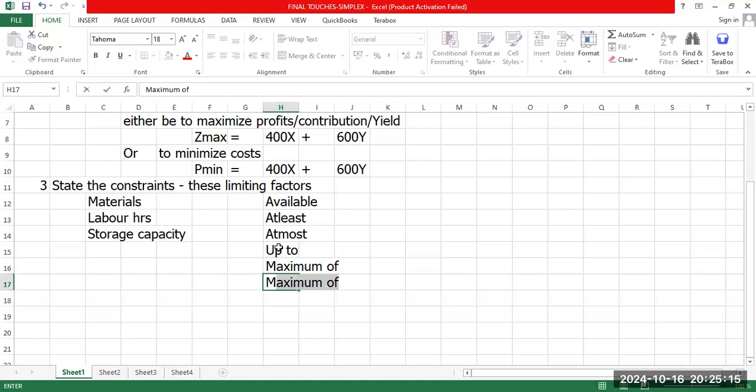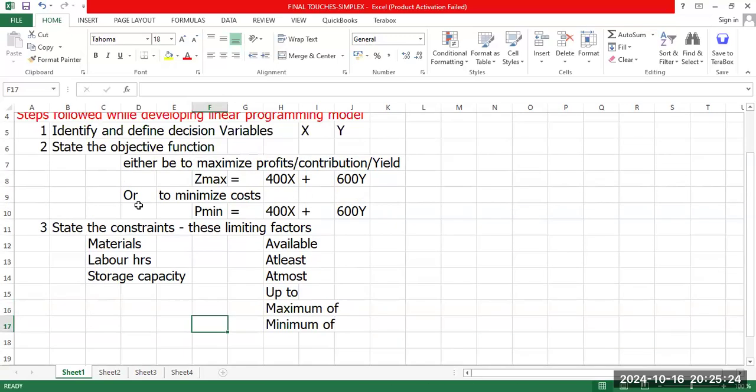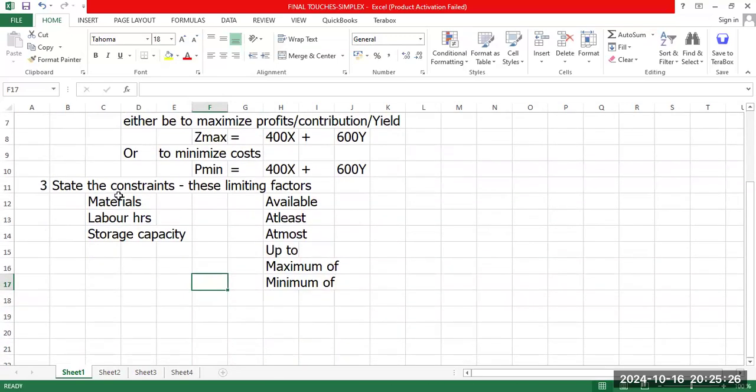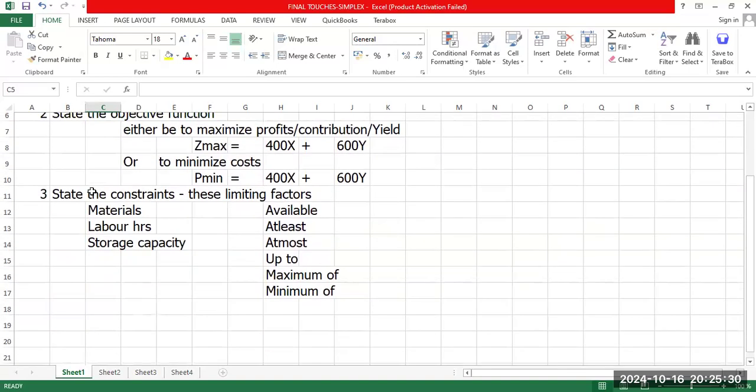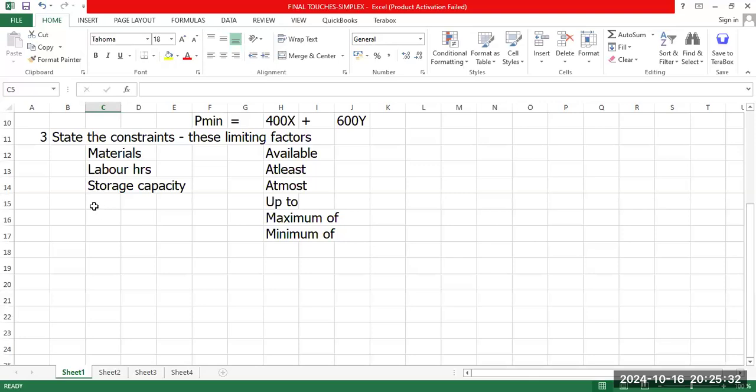All those words are showing you that what you're dealing with are constraints. So colleagues, don't confuse constraints with decision variables. The moment you mix up, it will be hard for you to pass this number.